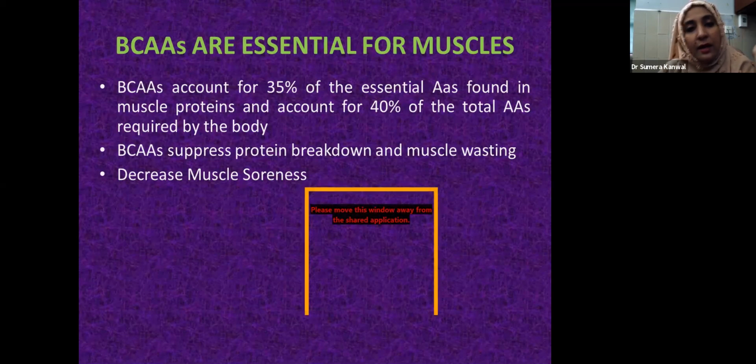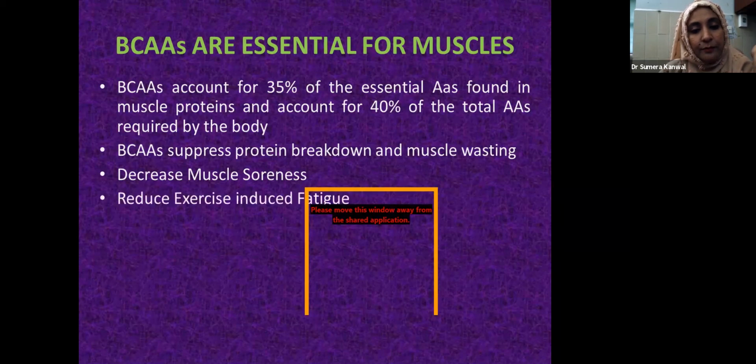So if we are sufficient in branched chain amino acids, the symptoms of muscle soreness are decreased. These branched chain amino acids reduce exercise-induced fatigue.